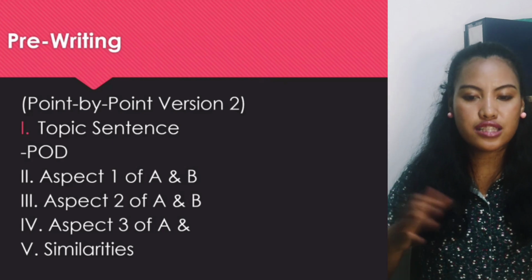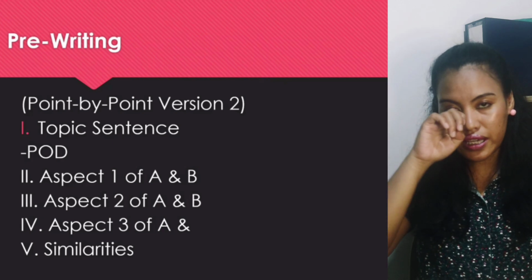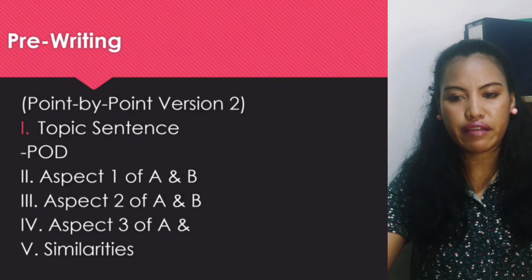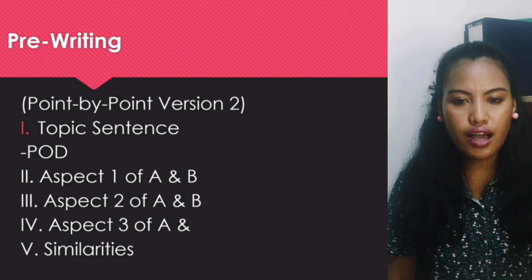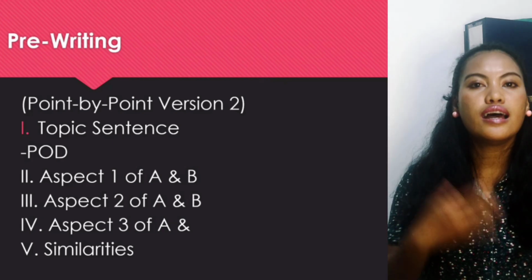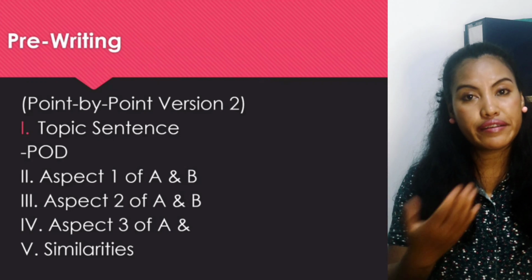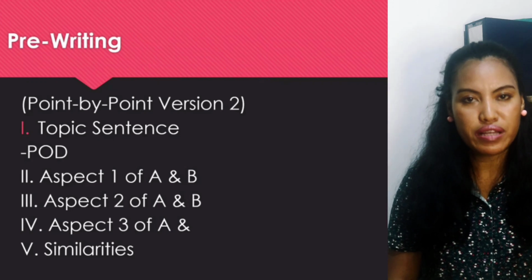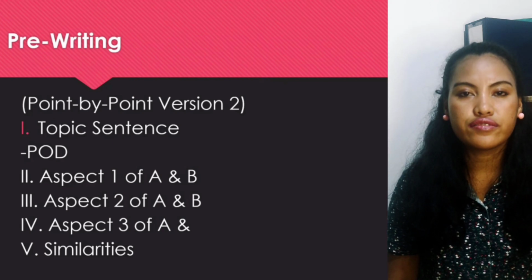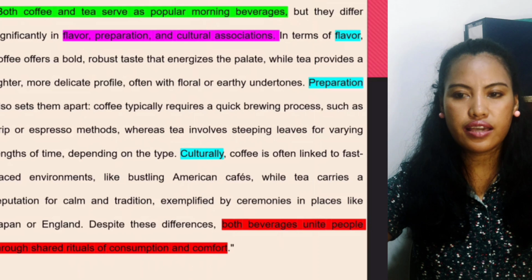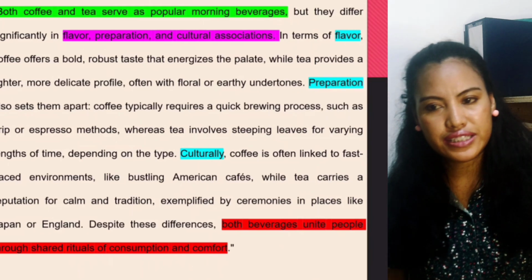And then the last, and so on. And the last one is that we'll be talking about similarities. So what our example has shown us is that the similarities were mentioned on the last part of the paragraph. Okay, so let's have another example.